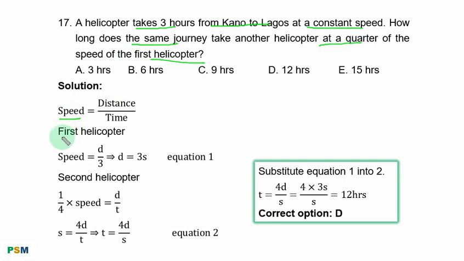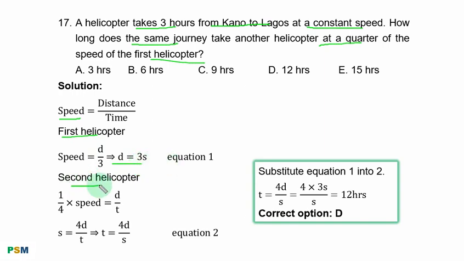For the first helicopter, the speed is unknown, distance is unknown, the time is 3. If you make distance the subject, d is equal to 3 times speed, that is 3s, equation 1.